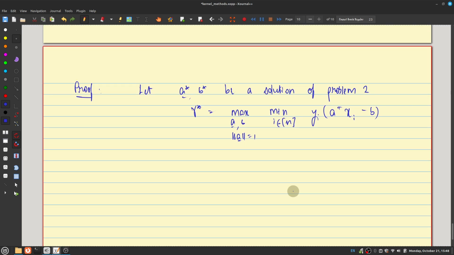What does this mean? It means that yi times (a transpose xi minus b) is greater than or equal to gamma star for all i.